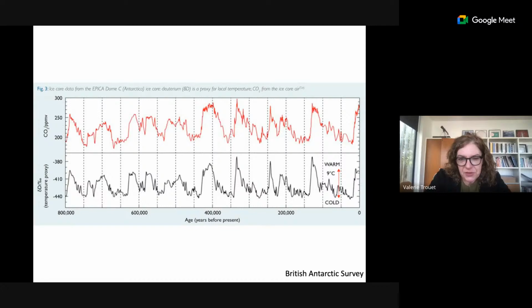I won't go into too much detail, but there are some broad conclusions that you can draw from this graph. One is that neither the amount of CO2 nor the temperature on Earth have been constant over time. There have always been fluctuations in the amount of CO2.